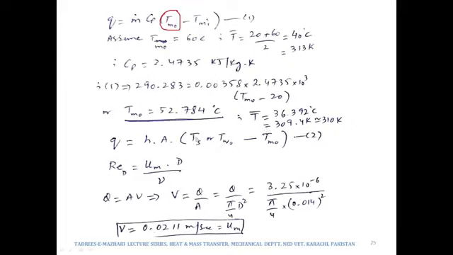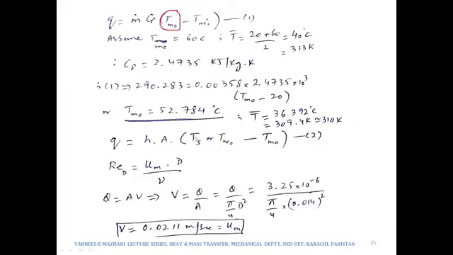Since we have to find out the temperature of the wall at outlet, you can write it as Ts naught or Tw naught, that is the same thing. And since we are trying to work out the temperature at the outlet, the mean temperature or the bulk temperature will be the one corresponding to outlet. So it would be Tm naught and it will not be Tmi.